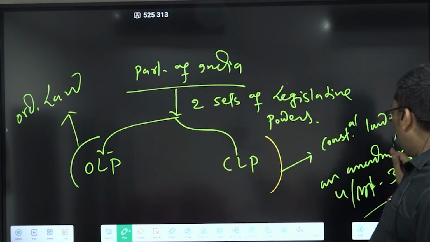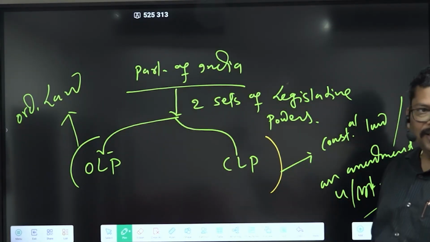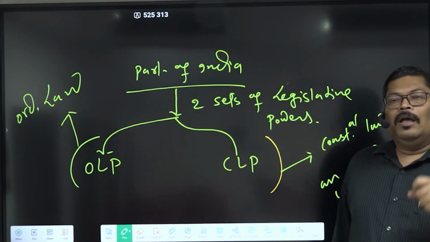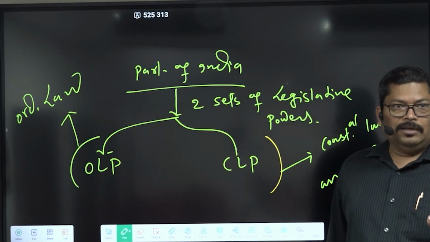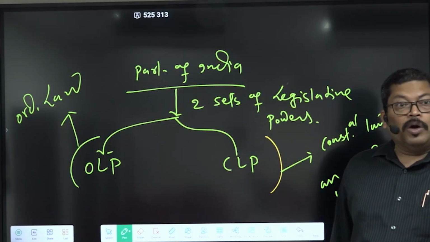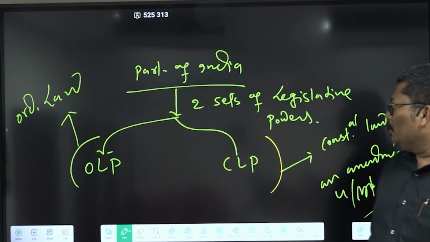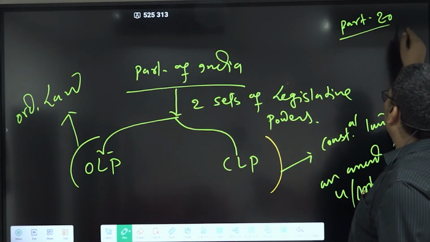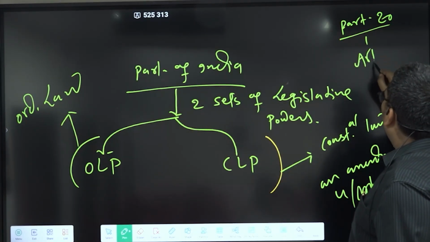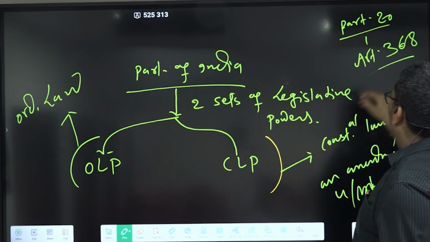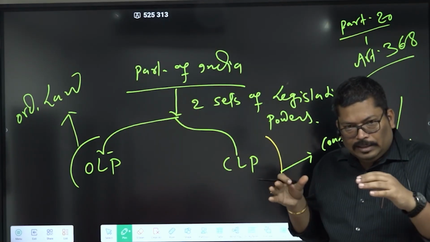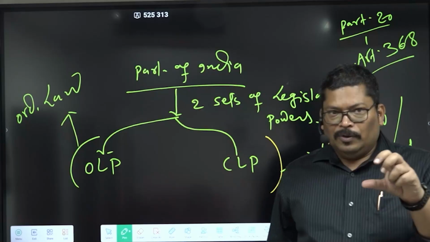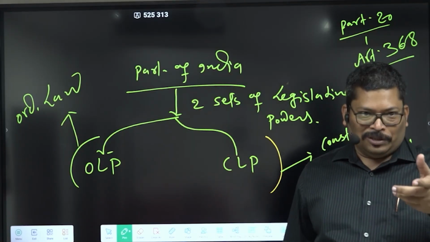So, constitutional amendment is basically the subject matter of Article 368 of the Indian Constitution. Article 368 is given under Part 20 of the Indian Constitution. And Article 368 deals with the entire procedure which is required to cause constitutional amendment.